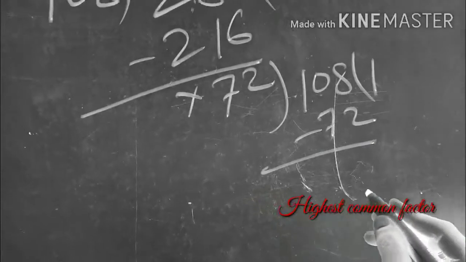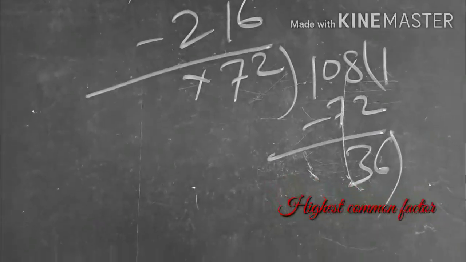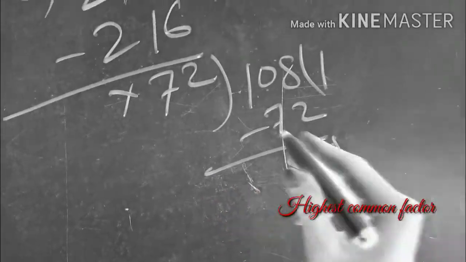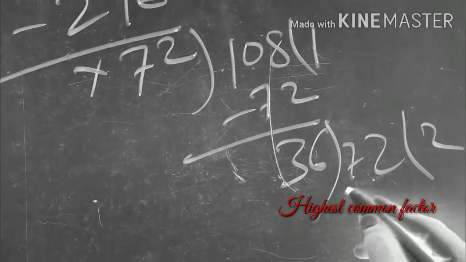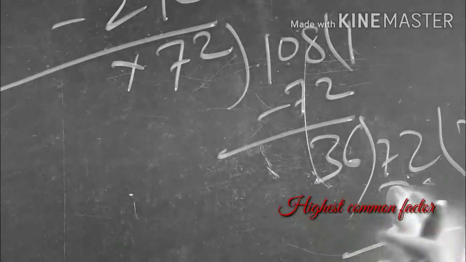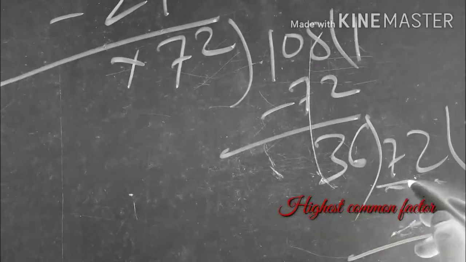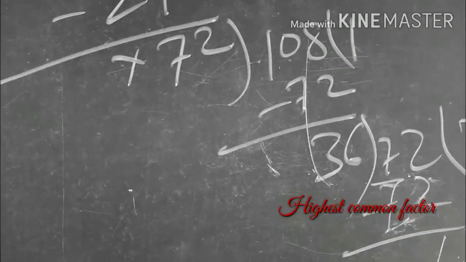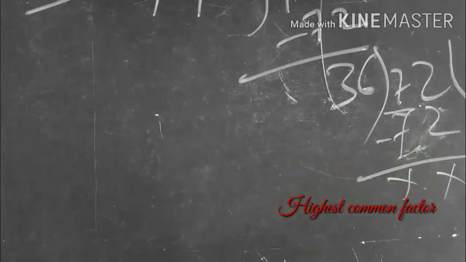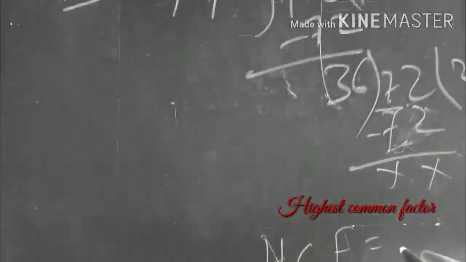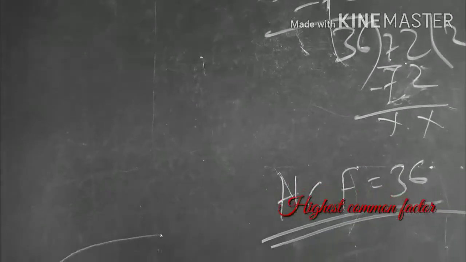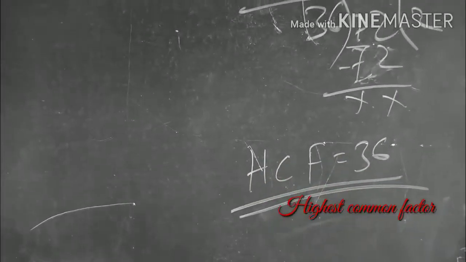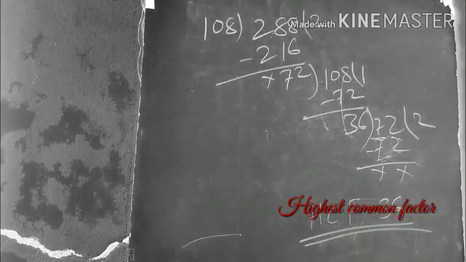Subtract, 36. Again this 72 will come here. 2 times 36 is 72. Cancel out. The HCF of this question is 36.